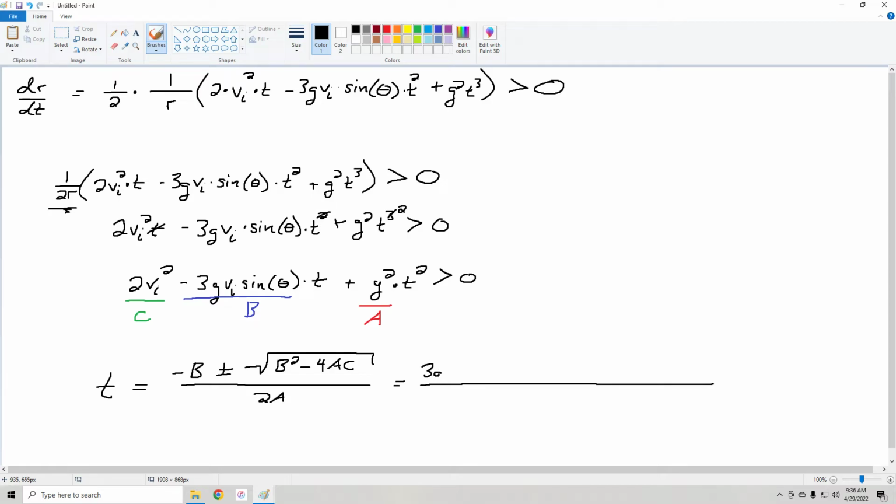So we'll have 3g v initial sine theta plus or minus the square root of b squared, so negative 3g v initial sine theta, squared, minus 4 times a, which was g squared, c is 2 v initial squared. And this is all over 2 times g squared.